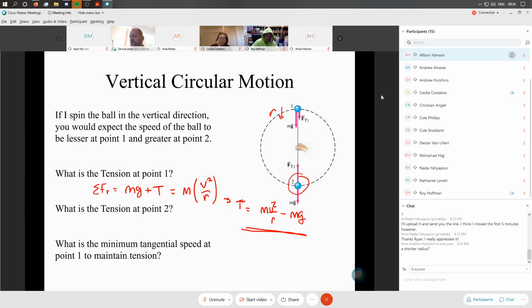There are a couple of questions on your homework that are similarly phrased, and it's just saying, when does the object fall, or when does it jump off a curve or whatever? It's when you come up with some equation like this that leads to a physically impossible situation, like T being negative. That's an indication that you no longer have the conditions for circular motion.